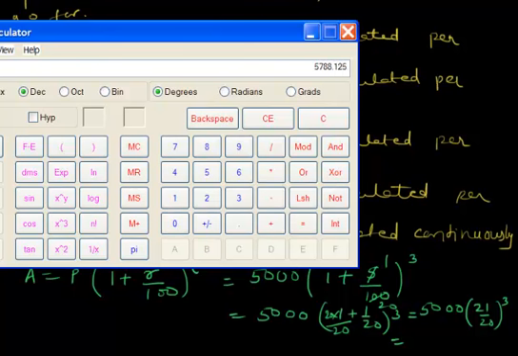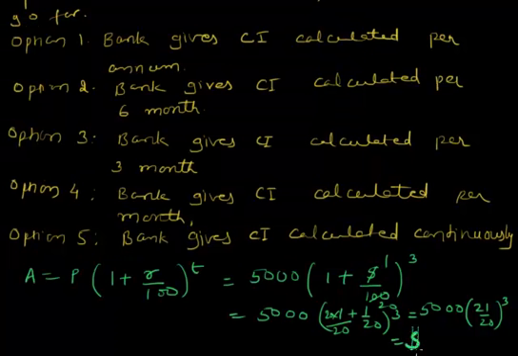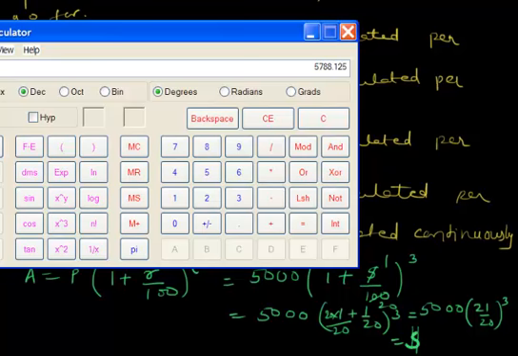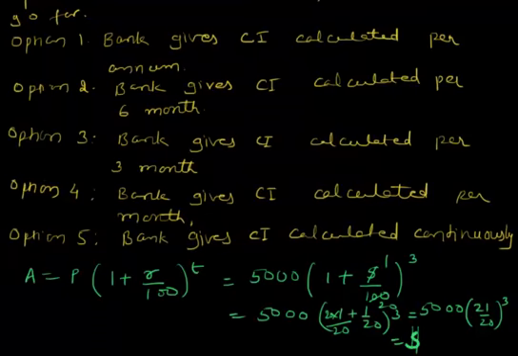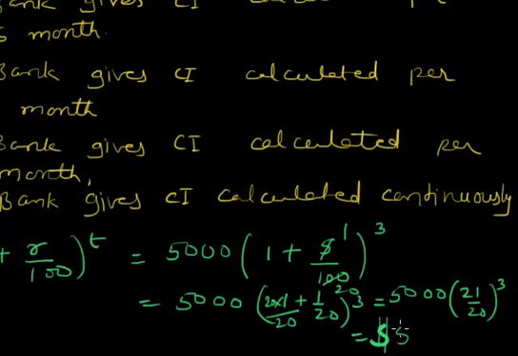So the amount at the end of 3 years is 5,788.12, whatever it is, we can just round it off to 5,788.